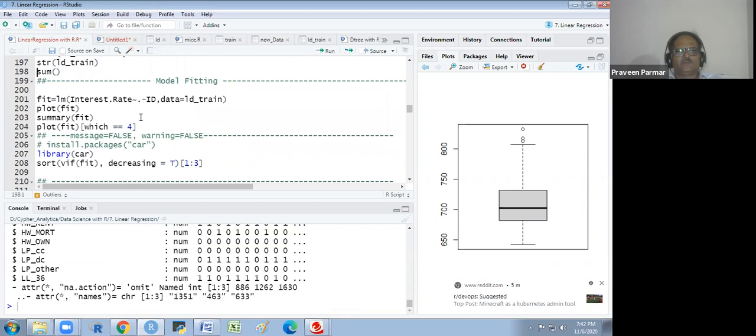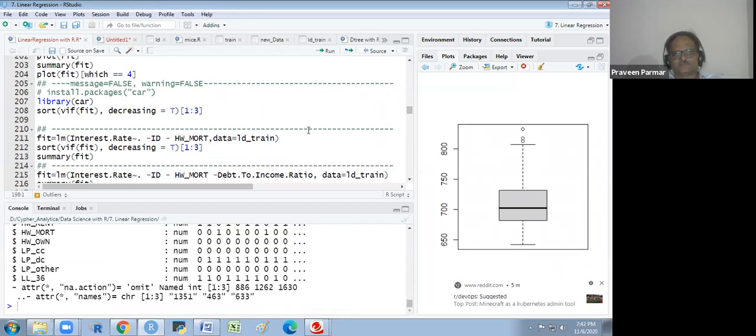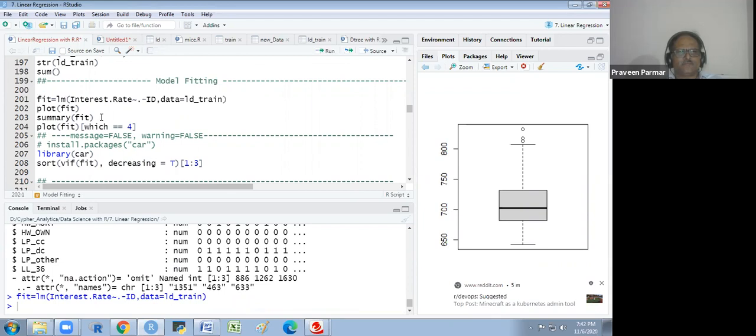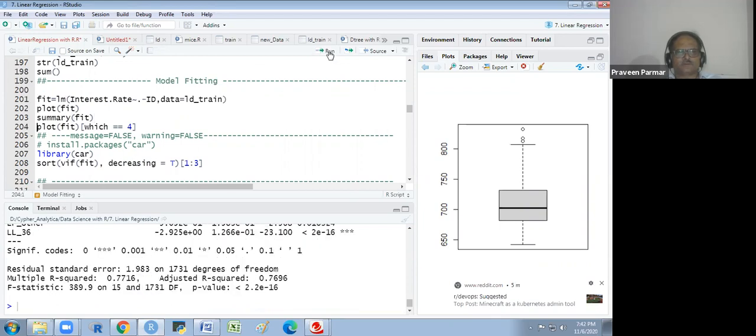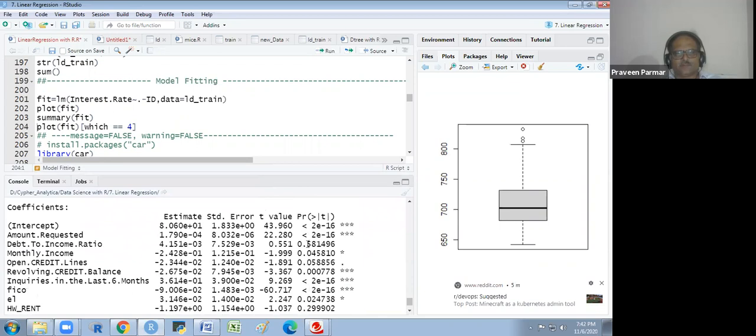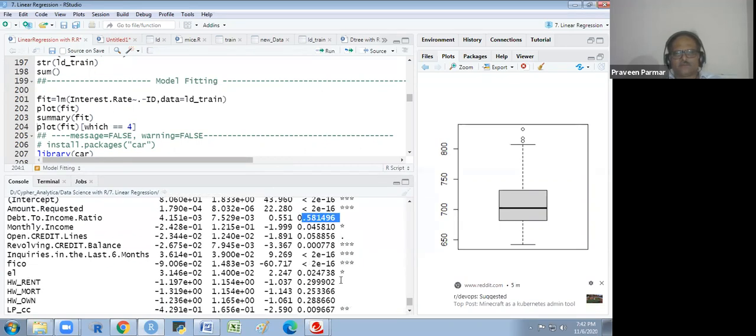and we were doing this model fitting yesterday. Okay, so I just run it. I will not see the plot, and I would like to see that 0.58 is there.